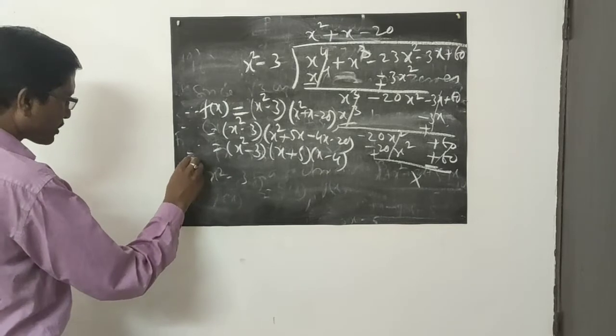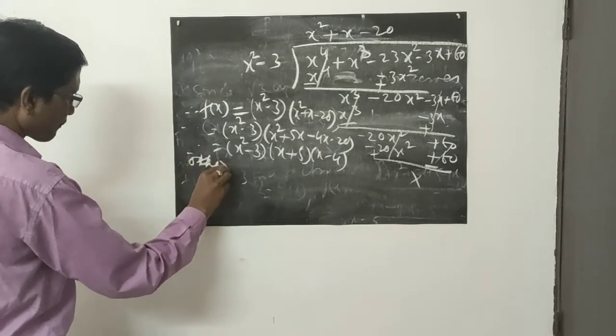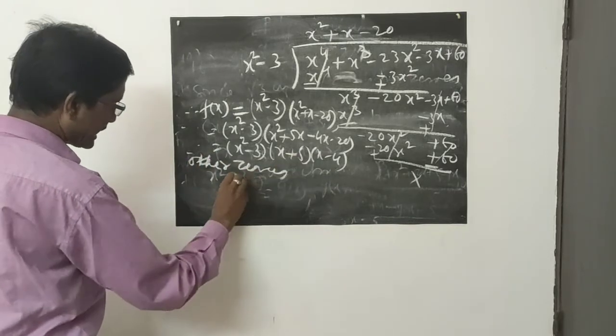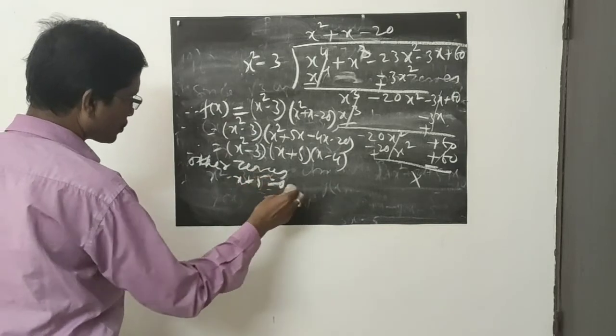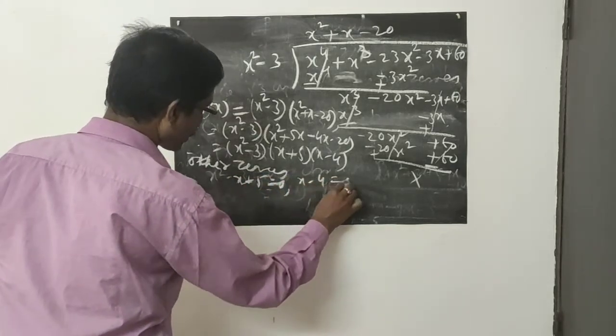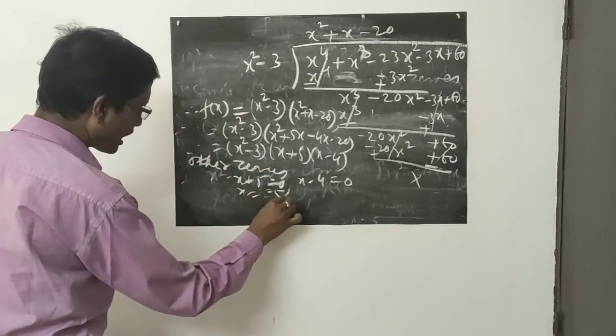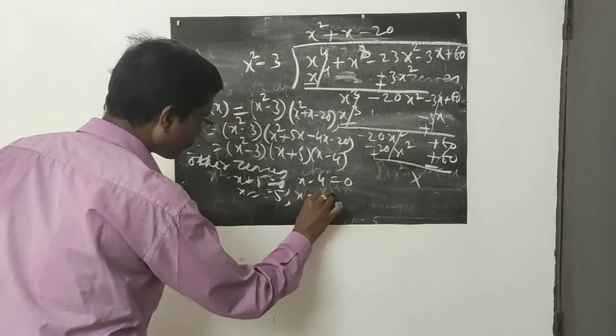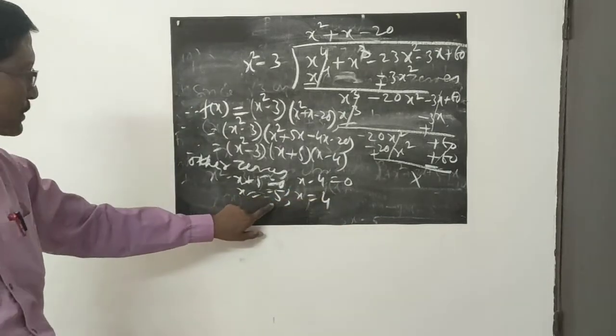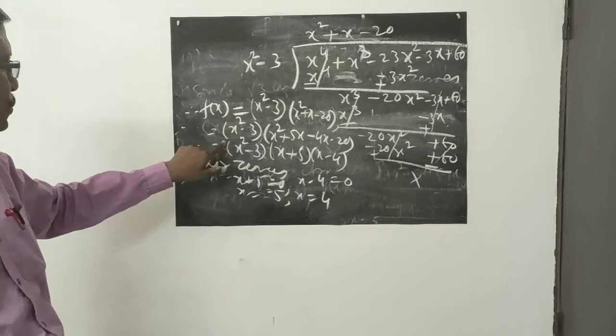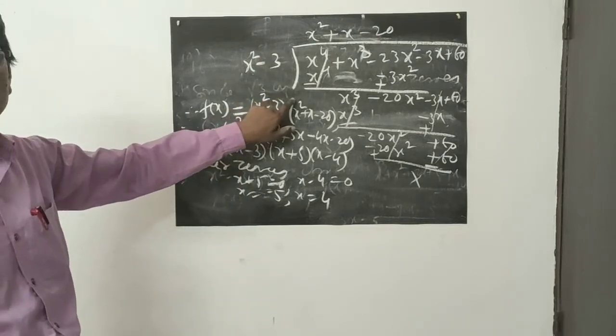For the other zeros, x plus 5 equal to 0 or x minus 4 equal to 0, means x equals minus 5 and x equals 4. So 4 and minus 5 are the other zeros, and the two zeros root 3 and minus root 3 are given.